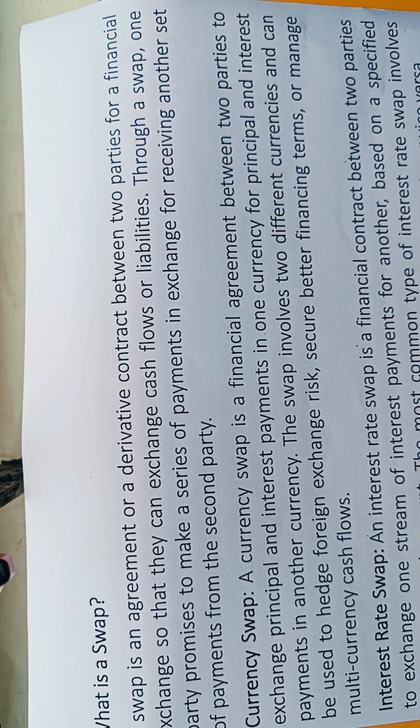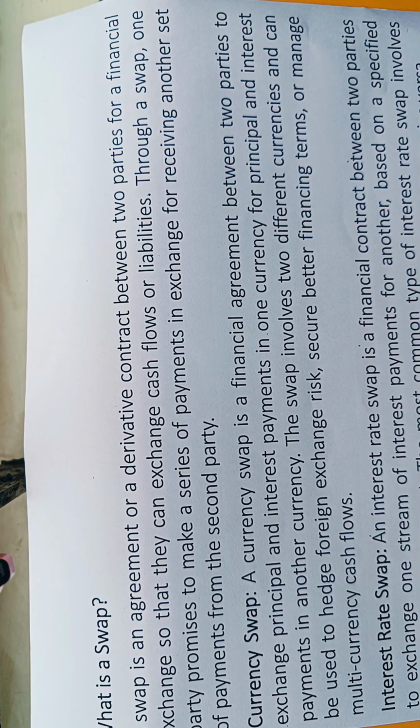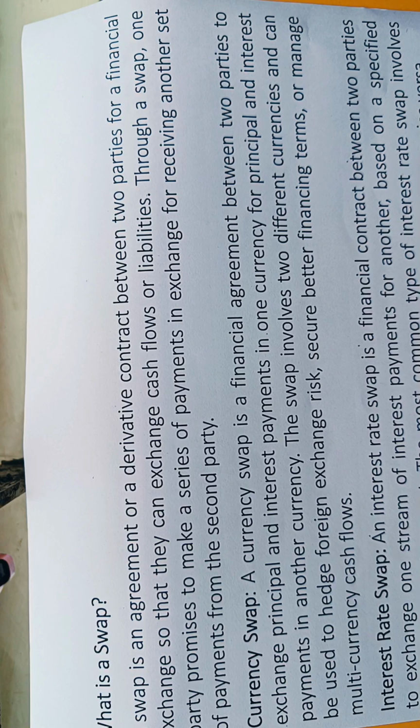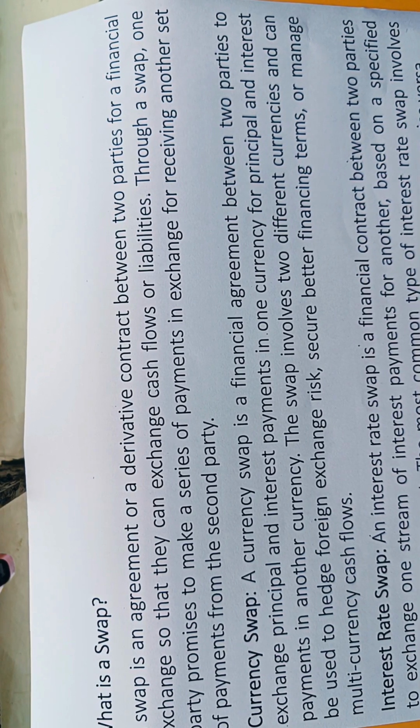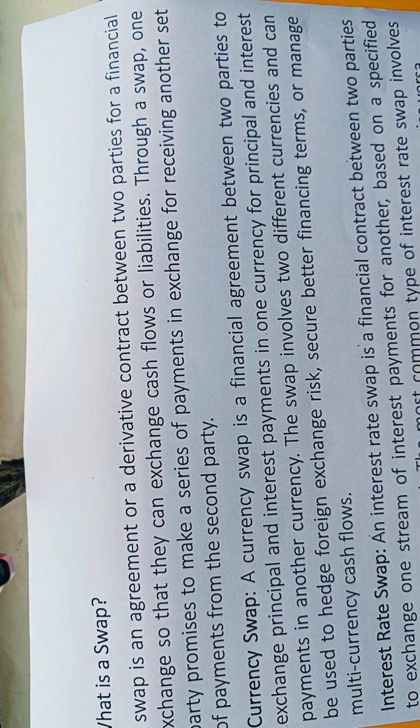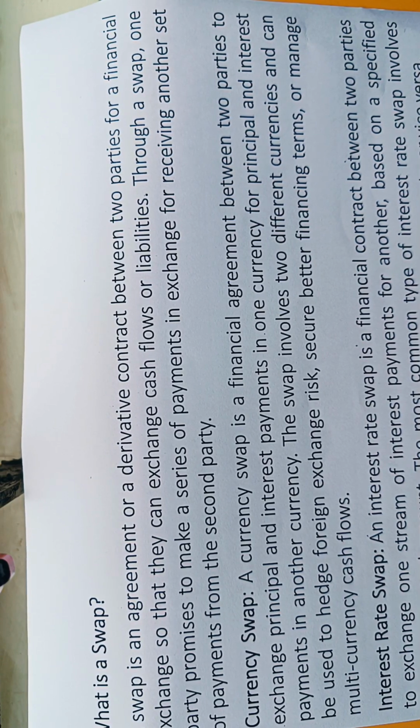The swap has four different types, but mainly we use two: currency swap and interest rate swap. Currency swap, as the name indicates, is where the principal amount is exchanged.